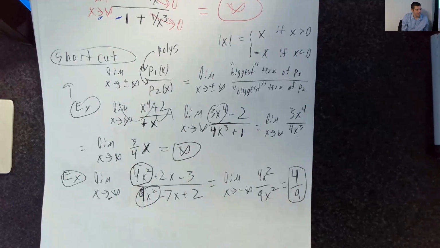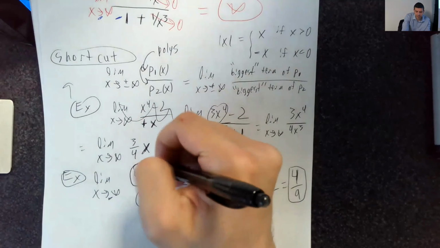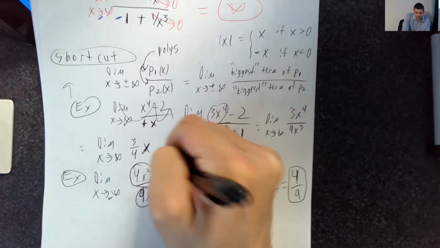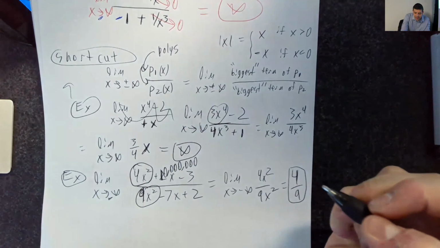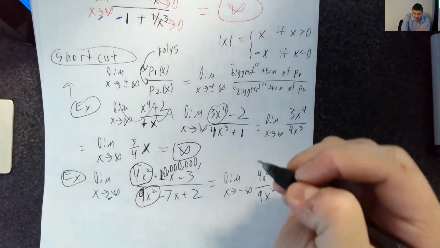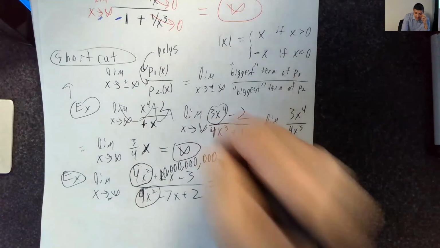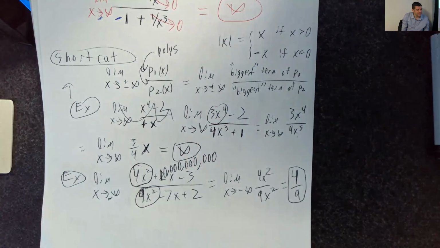I have a question. Let's just say it's 4x squared plus 7x minus 3. You know, like the 7 is bigger than the 4. Oh, yeah. Let's make it even better: 10 billion times x.